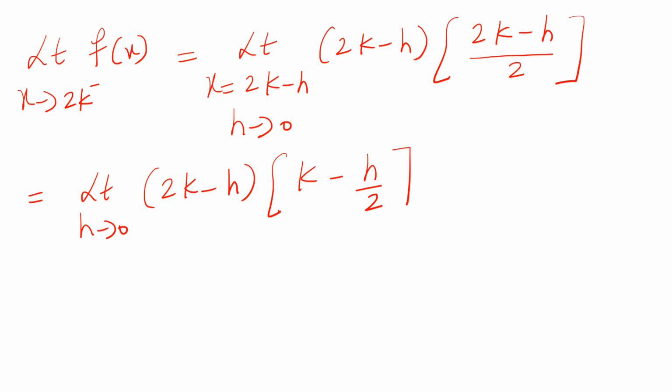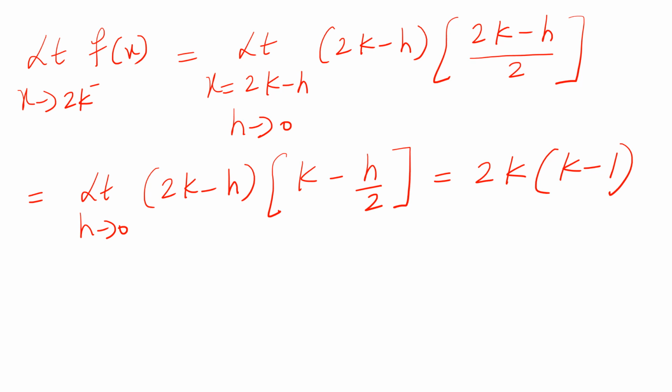Now k minus h upon 2 is slightly smaller than k. That means GIF of (k minus h upon 2) is equal to k minus 1. So clearly LHL or left hand limit becomes equal to 2k into (k minus 1).